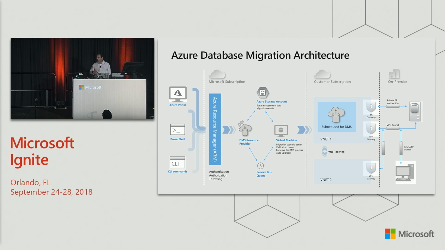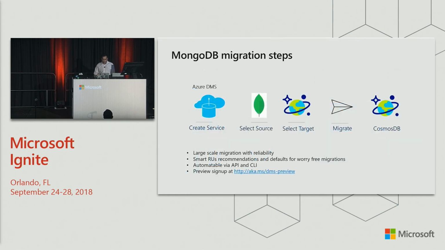It's all encrypted at rest, and it ends up in the target. All right, so what are the steps? Really, it's as simple as you create an instance of the service, you select a source, you select a target, and run a migration. Sounds super simple, right? Why don't I just show you how it works?